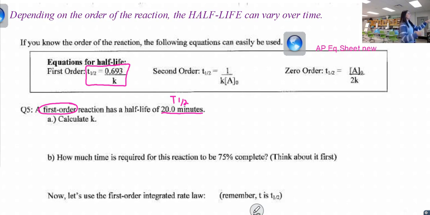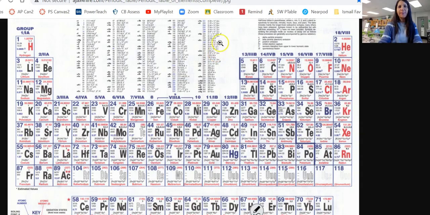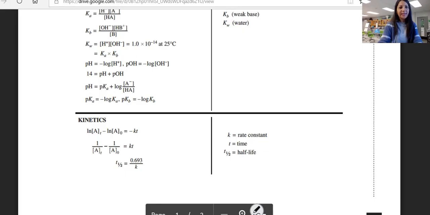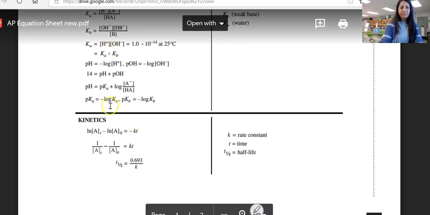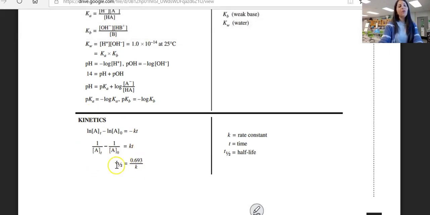And so if it's first order, you can always use A equals A0 times 0.5 to the t over t 1/2, okay? But, an A t, right? And then you would solve for whatever it is that you're looking for. But there's no k in this equation, so that's not helpful to me. On the equation sheet, if we take a look at the AP equation sheet, what we will see is that down here under the kinetics section, the only equation relating half-life to k is for a first order.